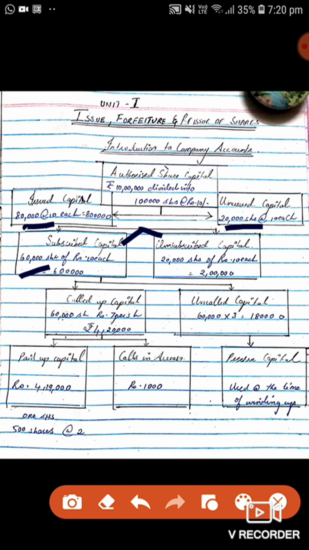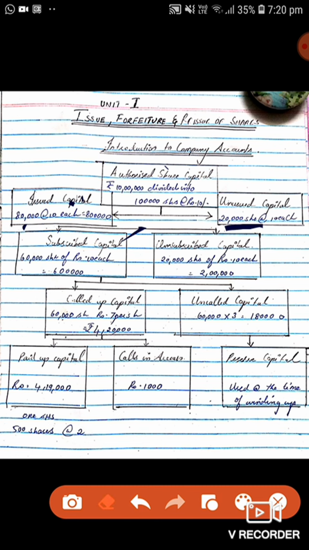So 60,000 at 10 rupees is 6 lakhs. So 6 lakhs is the subscribed capital. The unsubscribed capital is what? It is the difference between the issued capital and the subscribed capital, where the public hasn't subscribed to these shares. So the remaining 20,000 shares are not subscribed.